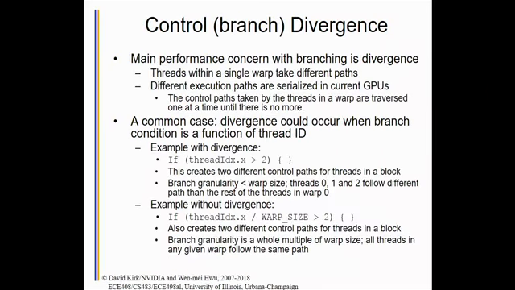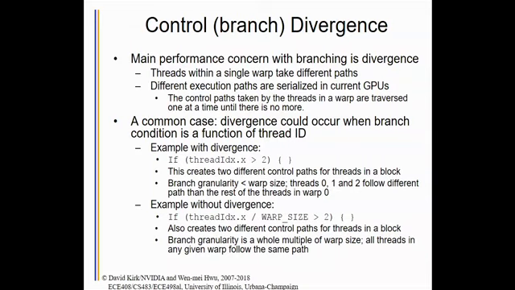So, Mr. Divergence, where are you? Pay attention now. Okay. So here is the concept of control divergence. This is actually one of the main performance concerns in the GPU. The concept is that threads within a single warp can potentially take different paths.